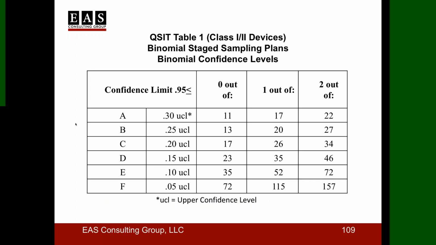So again, as I mentioned earlier when I talked about regulatory affairs and the classification of devices, why that's important is FDA is going to sample these per the QSIT program, depending on what type of device it is. So if you are a company that only manufactures Class 1 or Class 2 devices, then they can use this QSIT sampling table.